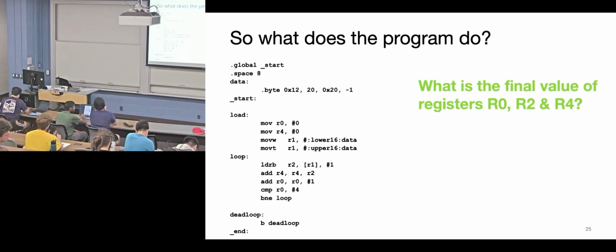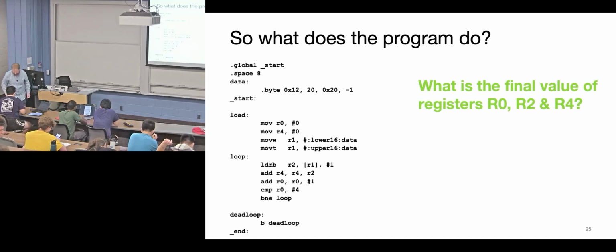Is this the address? A label represents an address. So it's going into data, and then the data label points to this. Correct. So when you go to do this command, where did you get the address from?